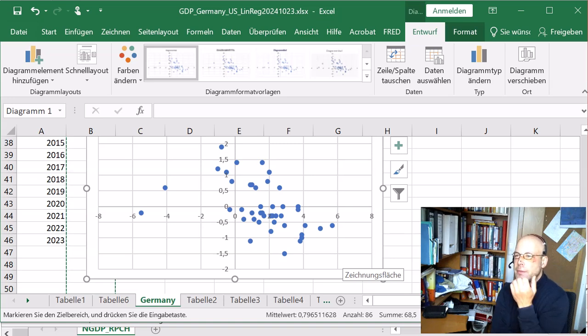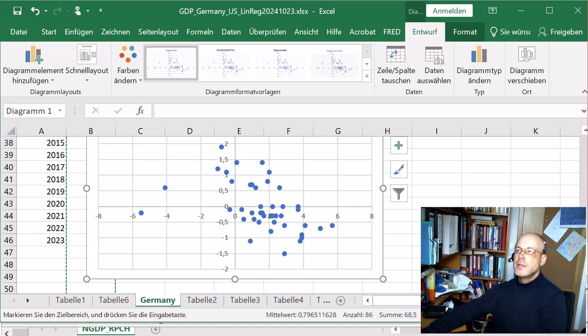Well, and maybe you can directly think of why with this data set we do not find such a nice dependence compared with the US data set with quarterly data over this much longer time period. But this we will do then on Monday. Thank you very much for today.